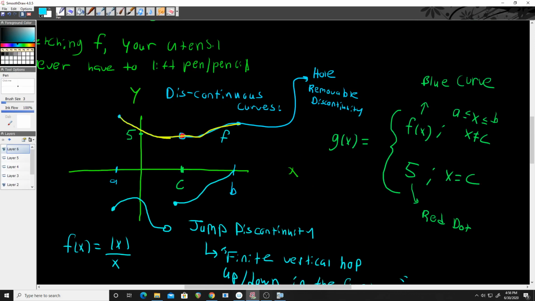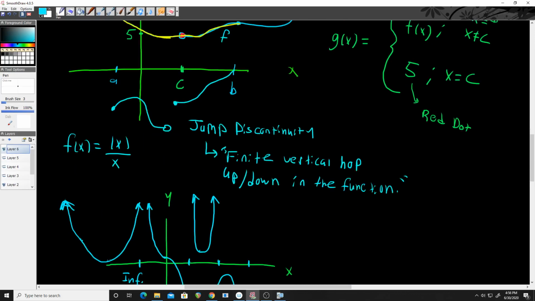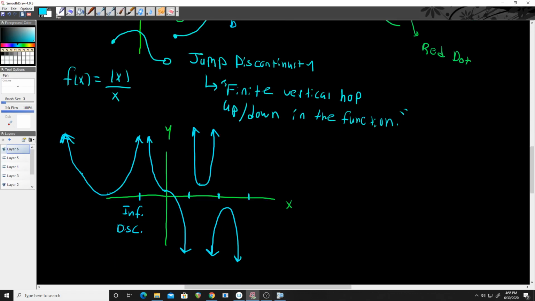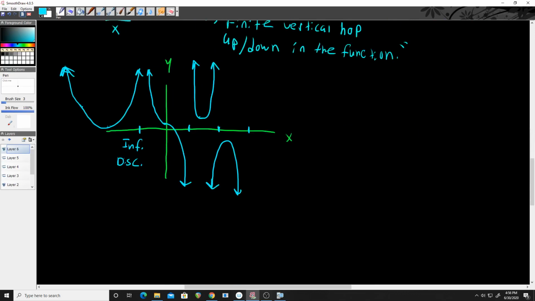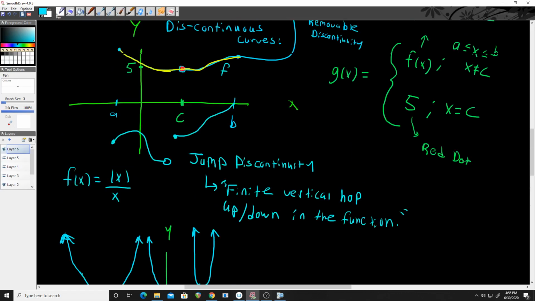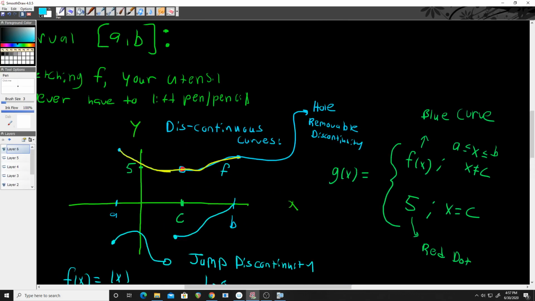Holes are removable. You can always fill in a hole. A jump discontinuity is a finite vertical hop, up or down. And then we have infinite discontinuities. Okay, anytime the function goes to plus or minus infinity, anytime there's a vertical asymptote, we have an infinite discontinuity, and of course these are not removable as well.